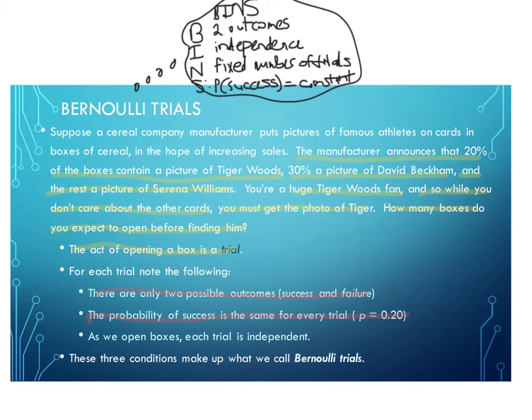And if we know 20% of the boxes contain Tiger Woods, then 20% of the boxes should be Tiger Woods. And as we open boxes, each trial is independent, which we talked about with our BINS. And these three conditions technically make up the Bernoulli trials. Okay?